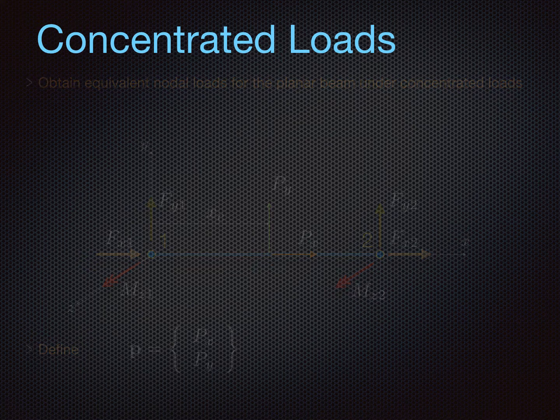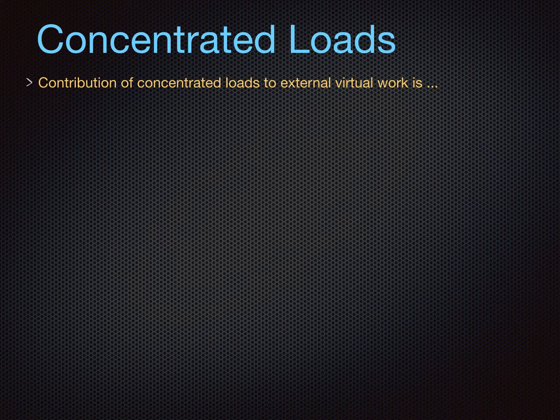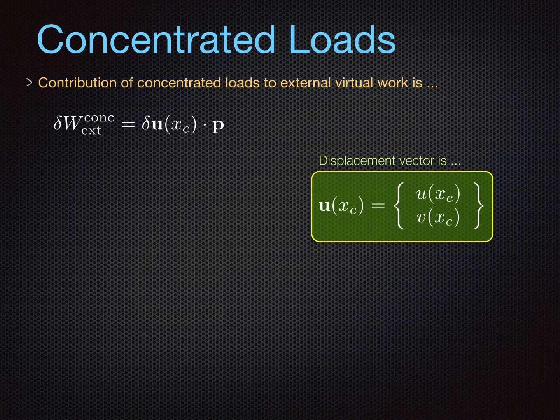But if I have concentrated axial force and transverse force, then the principle of virtual work contribution from those would simply be the value of the virtual displacement field at x sub c, the location of application of these external agents, dot producted with their values, P. So now the displacement vector is simply u evaluated at x sub c and v evaluated at x sub c.